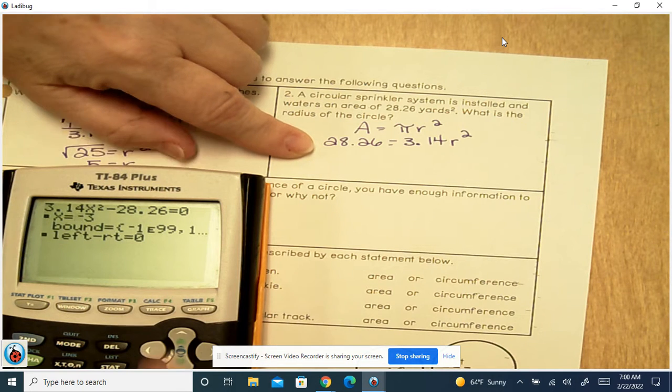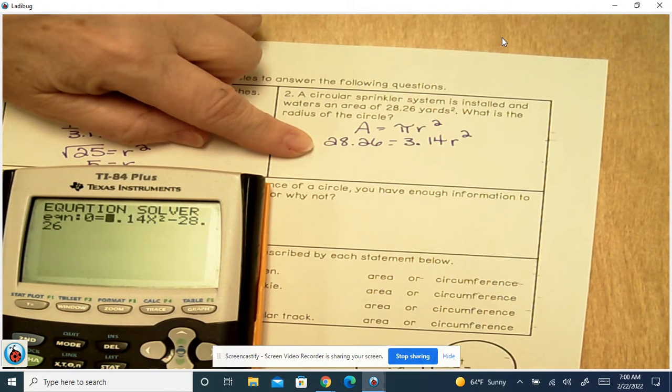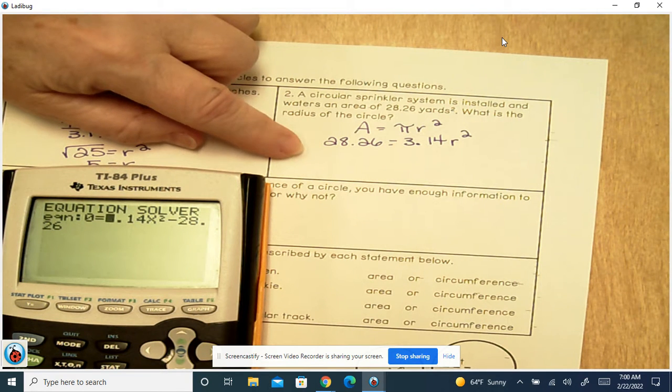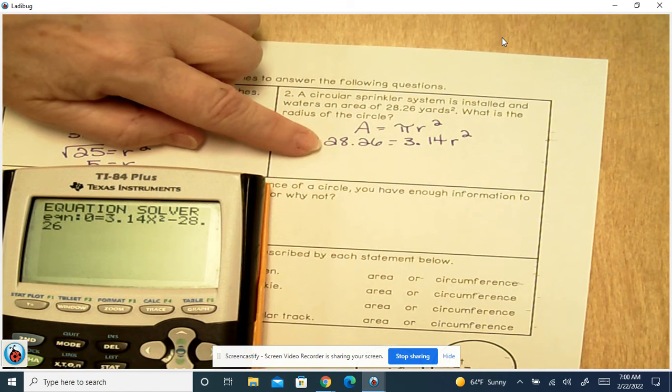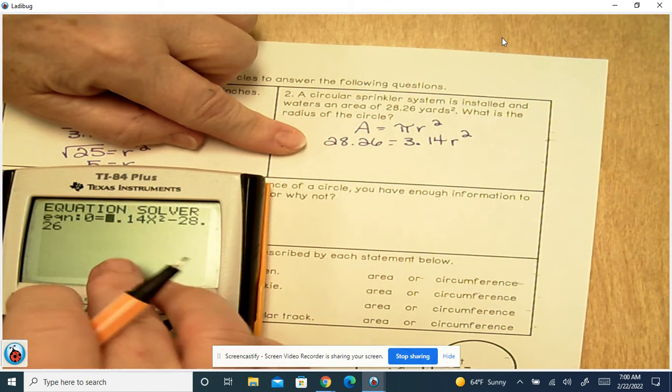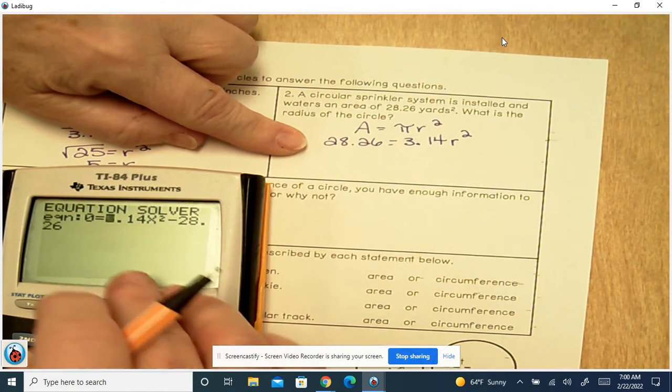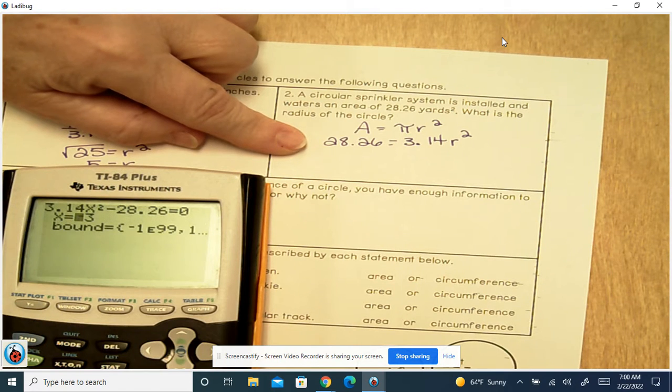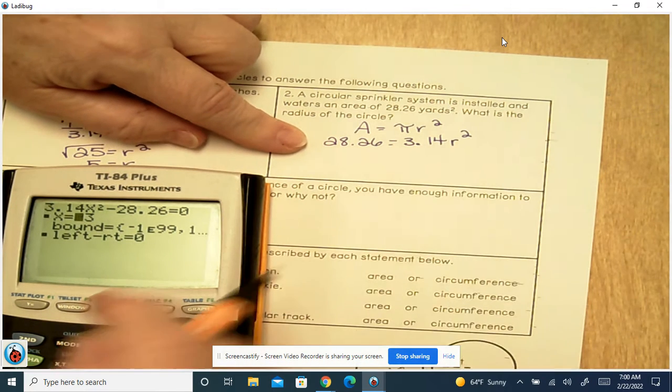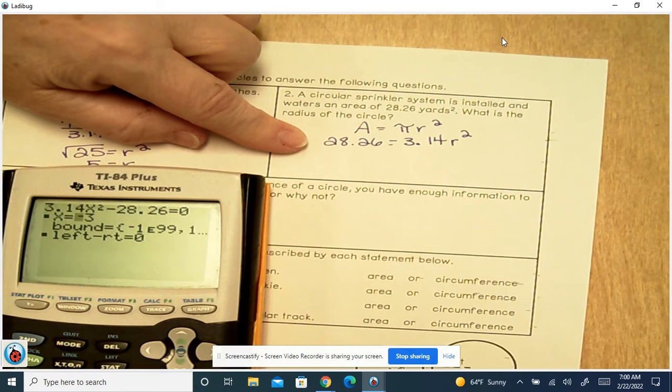alpha, enter, and you get 3. I must have something in there wrong. Let me see. X squared. And it comes out to 3. It says -3, but the answer is 3.